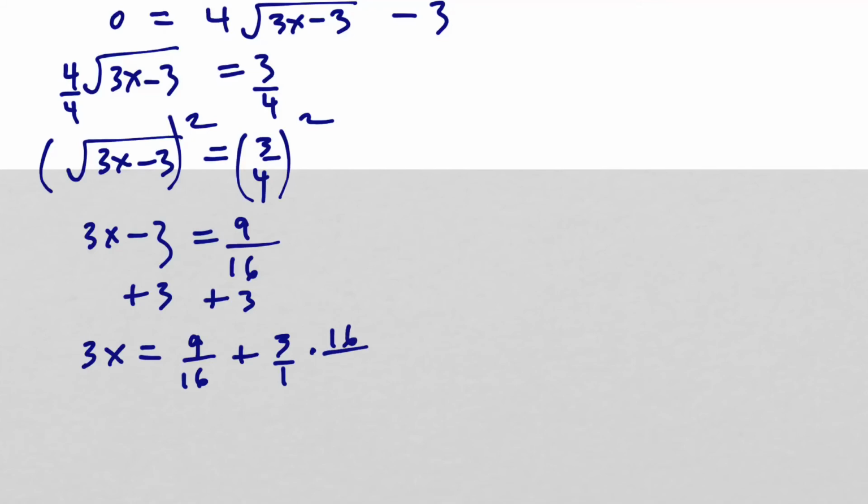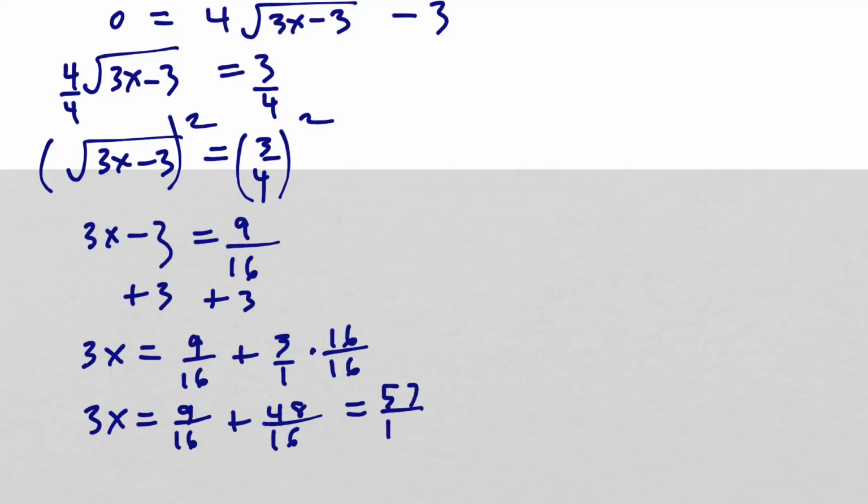We need a common denominator here. So that's 3x is equal to 9/16 plus 48/16. So that's equal to 57/16. All right, so now I want to divide by 3. All right, that's the same thing as multiplying by 1/3.